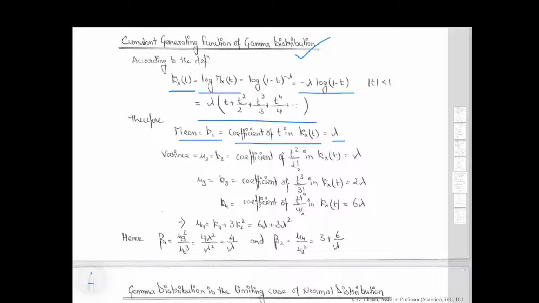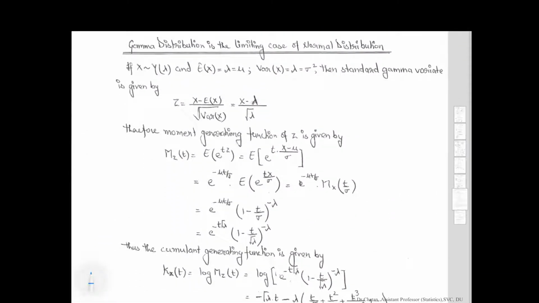Similarly, variance is equal to mu 2, equal to kappa 2, which is equal to the coefficient of t square by 2 factorial in kappa x of t, which is equal to lambda. Similarly, mu 3 is equal to 2 lambda and kappa 4 equal to 6 lambda. Therefore, mu 4 is equal to this quantity, hence beta 1 is equal to this quantity and beta 2 is equal to this quantity.